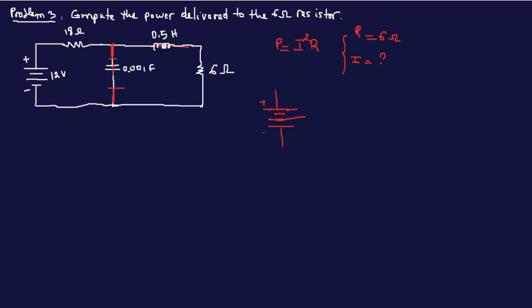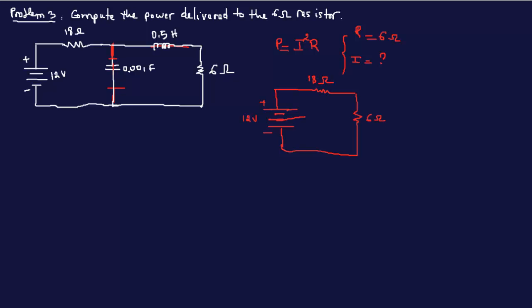Plus, minus. Let's just put a value here, 12 volts. So you have this, and you have your 6 ohms. This is kind of like the previous problem.